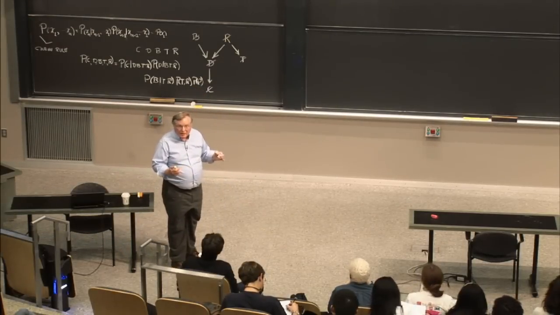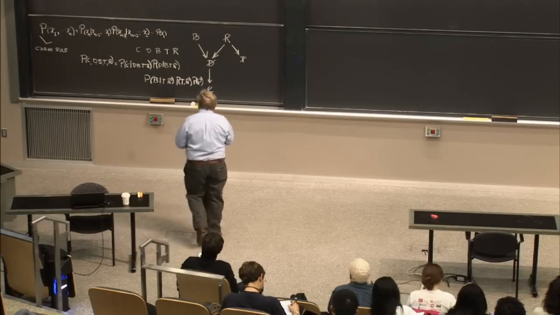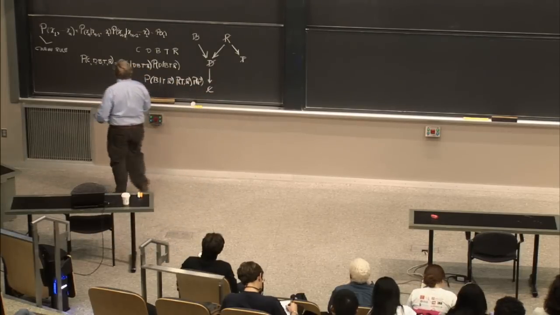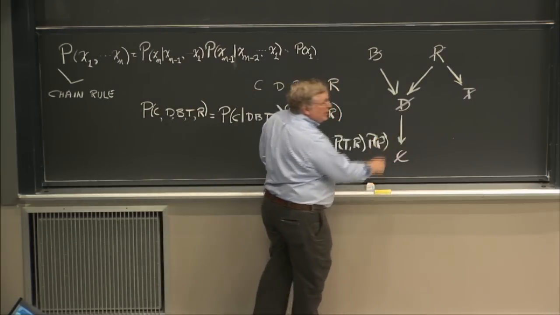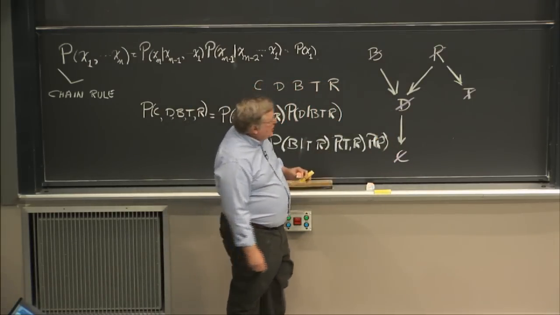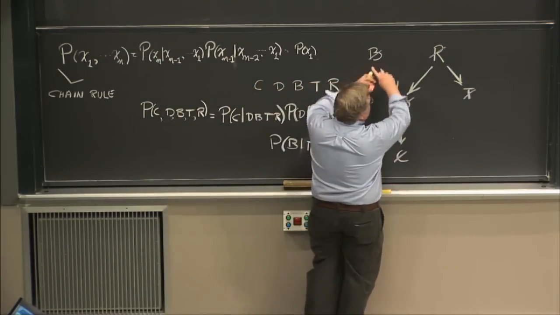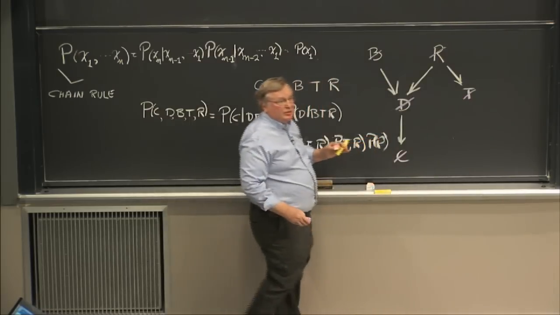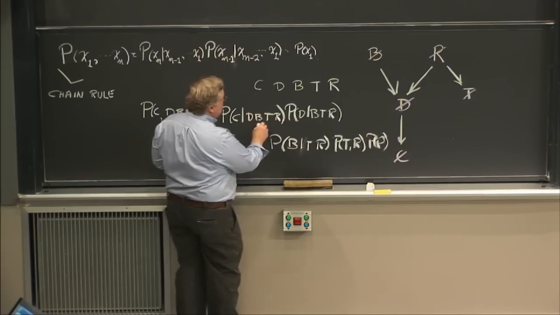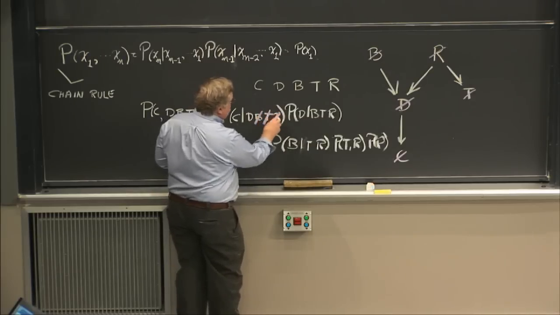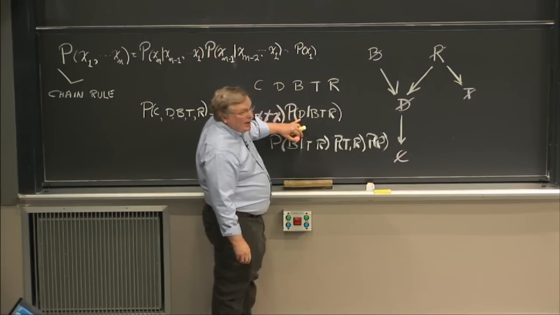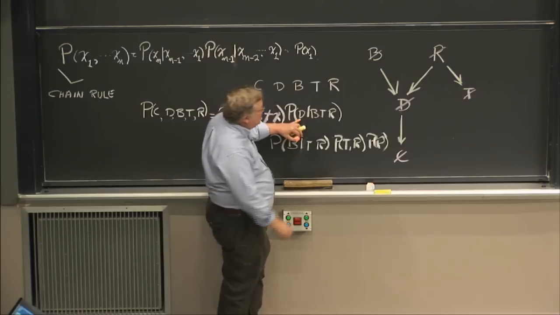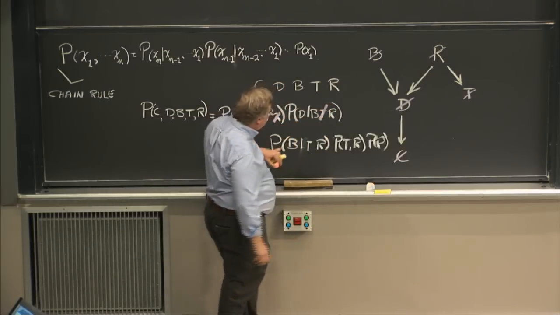All right, now I can start scratching stuff out. Well, let's see. I know that C, from my diagram, has only one parent, D. So given its parent, it's independent of all other non-descendants. So I can scratch them out. D has two parents, B and R. But given that, I can scratch out any other non-descendant.